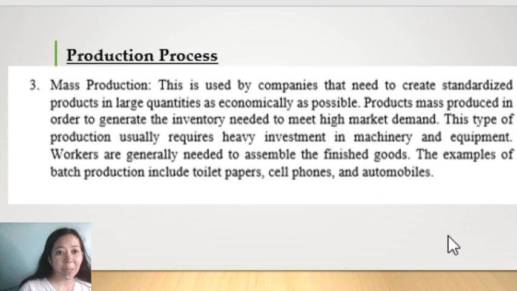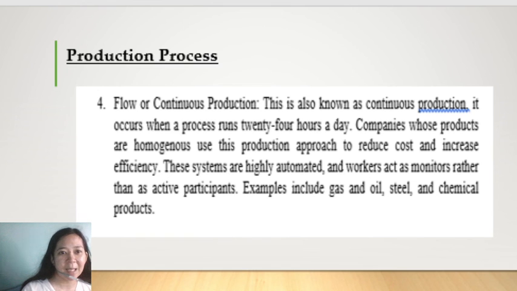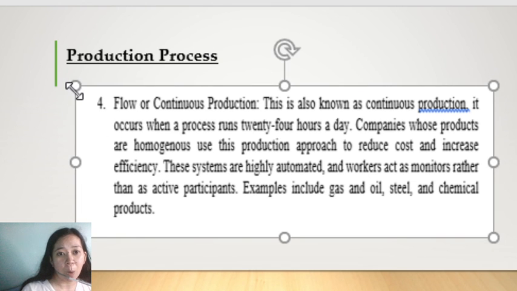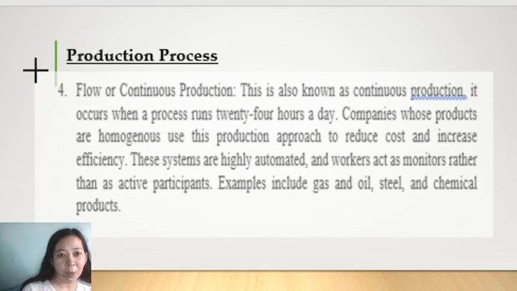This type of production usually requires heavy investment in machinery and equipment. Workers here are generally needed to assemble the finished goods. Examples of products under this include toilet paper, cell phones, and automobiles.